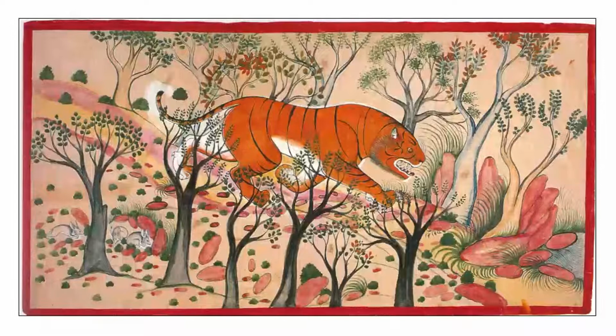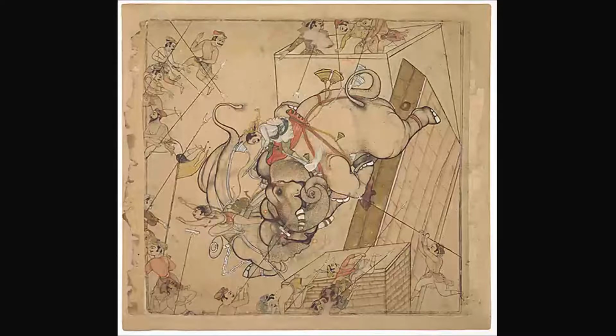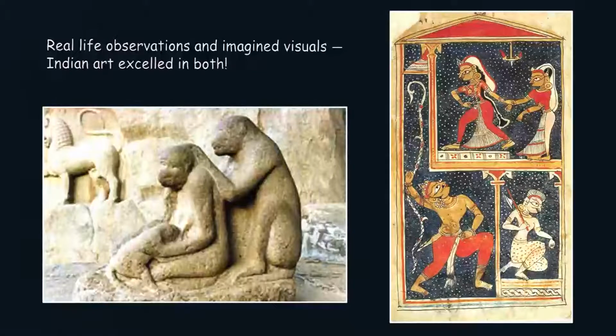You can see that the composition looks a little fabricated and reconstructed, but this tremendous force with which this tiger is running across or through the forest was not possible for the painter to show unless he had really observed real tigers in real settings very well, or for that matter when the painter is trying to depict a very fearsome and violent fight between two elephants. So, real life observations and imagined visuals, Indian art excelled in both.